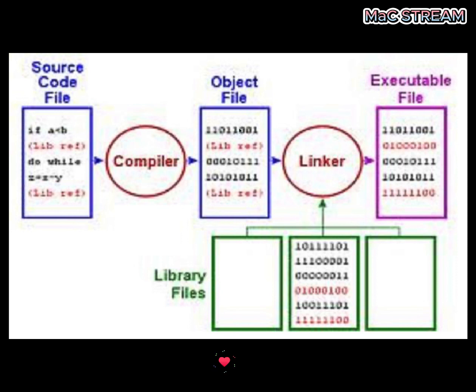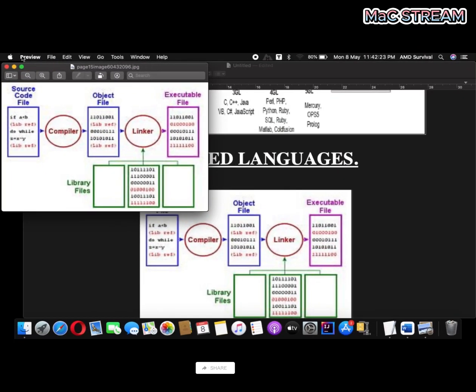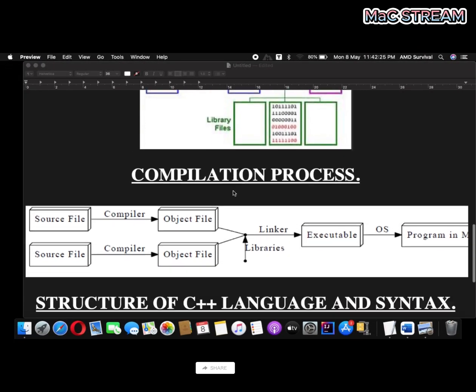The compiler produces the object file, which has zeros and ones inside, and that points to the linker, which points to the executable file. The linker always contains the library files. You should take note of that.